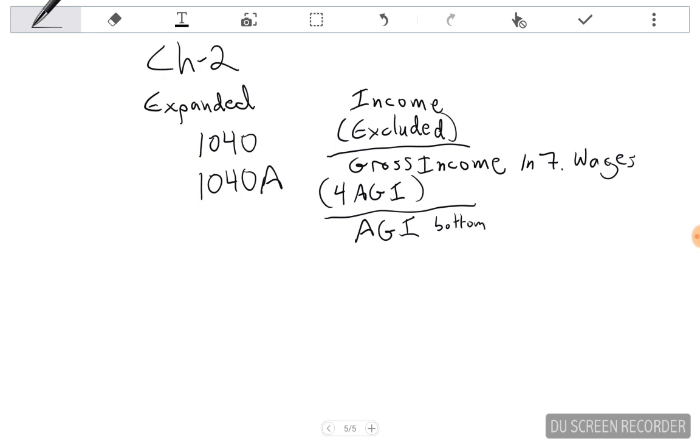It's the bottom of page 1, and it's also the top of page 2 of the 1040. Adjusted gross income. They use this number, adjusted gross income, to determine a lot of ceilings and floors. So that's kind of like the importance, the bearing that it has on the return, is it determines ceilings and floors. Example of that is if we talk about charity.